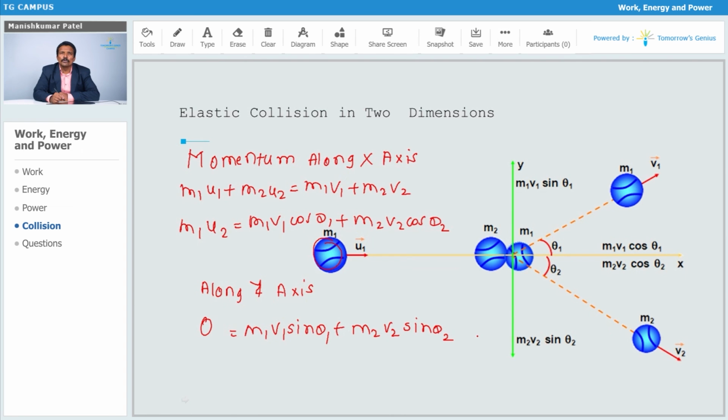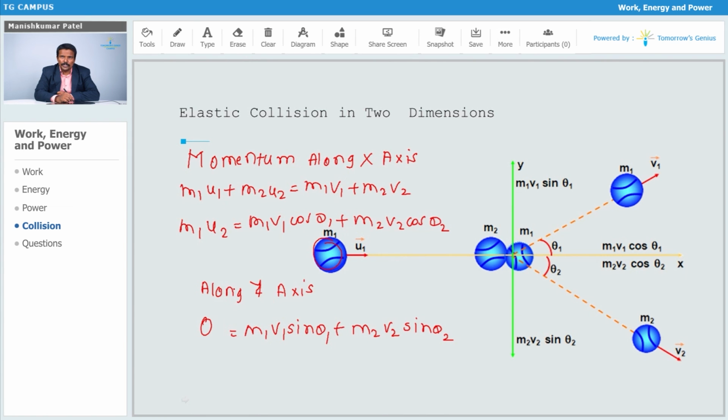Initially there is no momentum along the y-axis, since m1 is moving only along the x-axis and m2 is at rest, so the initial momentum is 0.